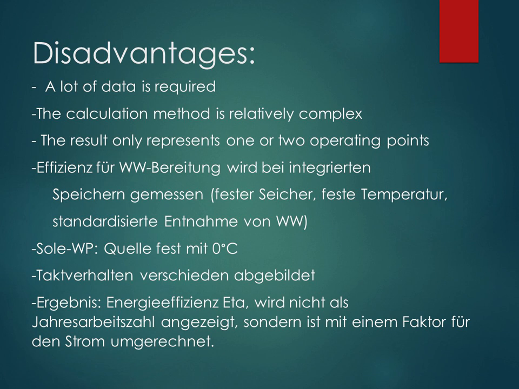The result only represents 1 or 2 operating points, namely 55 and possibly 35 degrees Celsius, as well as the climate of Strasbourg or 2 other European cities at the specified demand. Due to the selection of favorable boundary conditions and restriction to limited locations, the result doesn't correspond to a forecast for your specific project. Additionally, simulations for domestic hot water heating are not possible with this method.